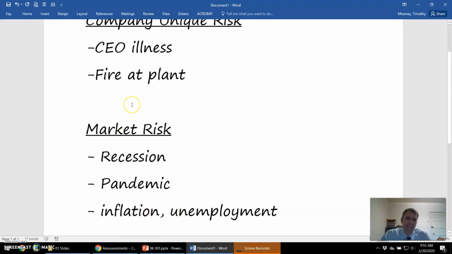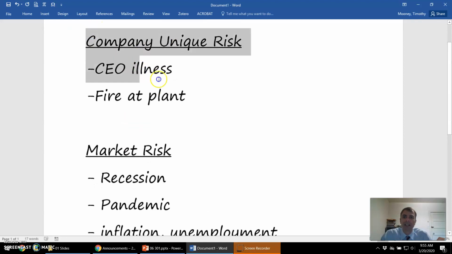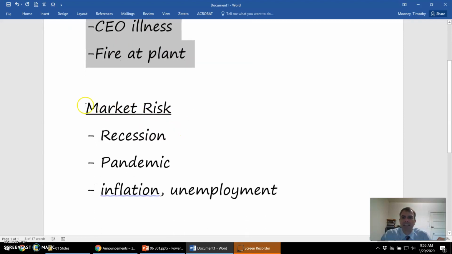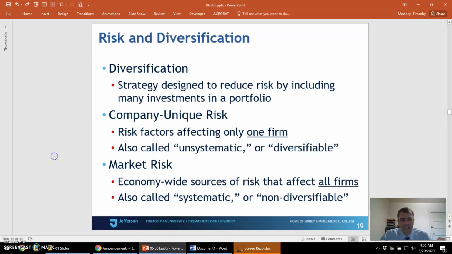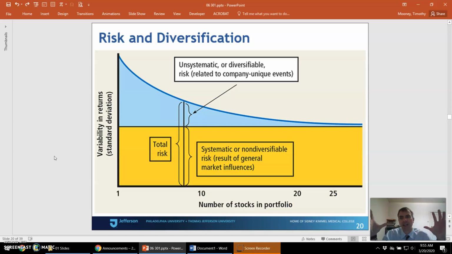There are some risks that affect some firms. But the main thing is to differentiate between company unique risk, affecting just one firm, and market-wide risk that affects all firms. Diversification, having more than one investment in your portfolio, eliminates those company unique risks.